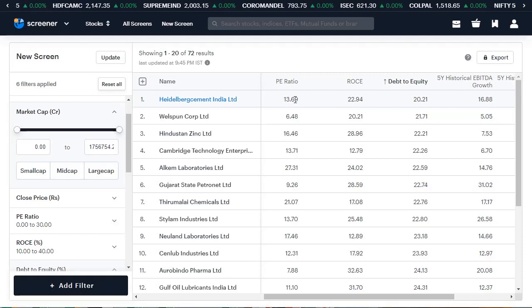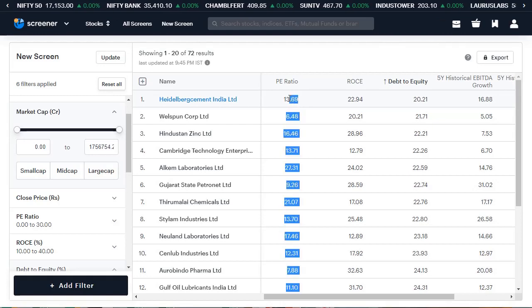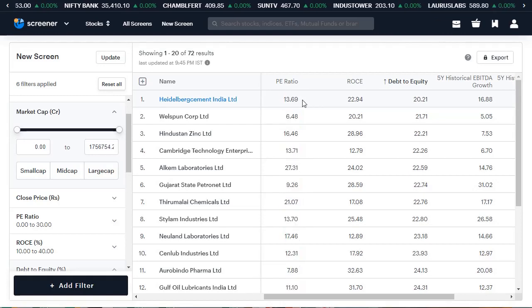So this is 14 for the company. 14 means that investors are ready to pay 14 times the share price as compared to the earnings that the company posts per share. This number is pretty good and it is highly undervalued.